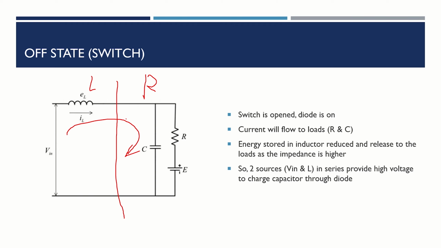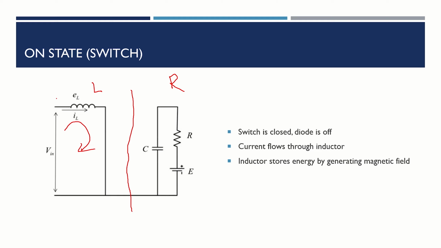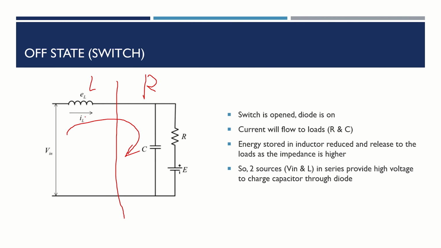Let's see. During on state, the polarity of the left hand side of the inductor, which is connected directly to the V source, is positive. So the energy supplied to the inductor will be stored. During off state, the left hand side of the inductor, which is connected to the V source, will reverse its polarity to negative.